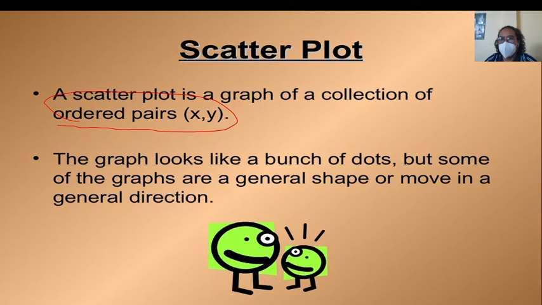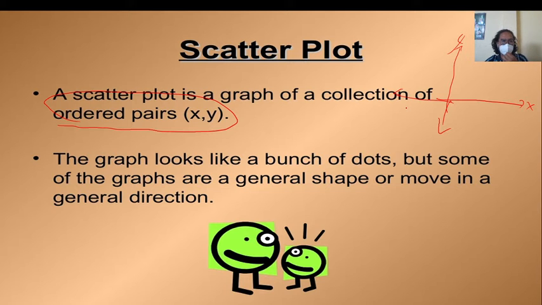Sa Cartesian coordinate system. Ayan, we have a Cartesian coordinate system. Diba? The horizontal is for the x-axis and the vertical is for the y-axis.